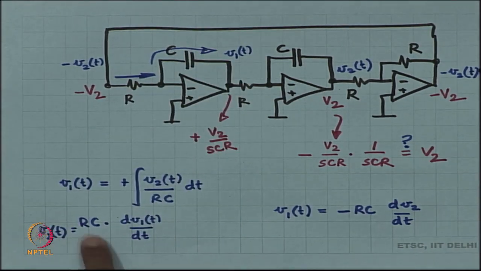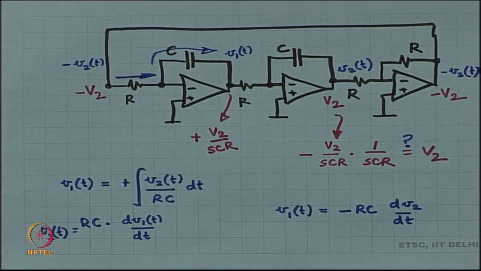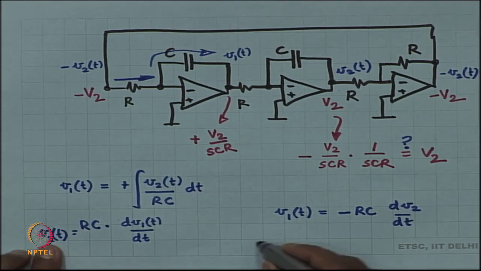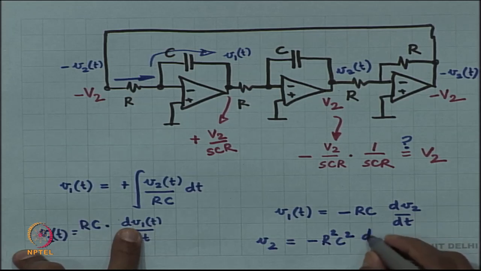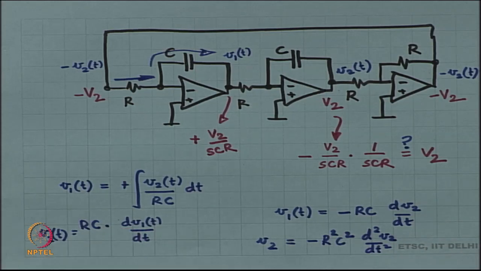And then V 2 is R C d V 1 dt, which what does it mean? It means V 2 is nothing but minus R squared C squared d squared V 2 by dt squared, or in other words, you have magically arrived at the harmonic oscillator equation, right.